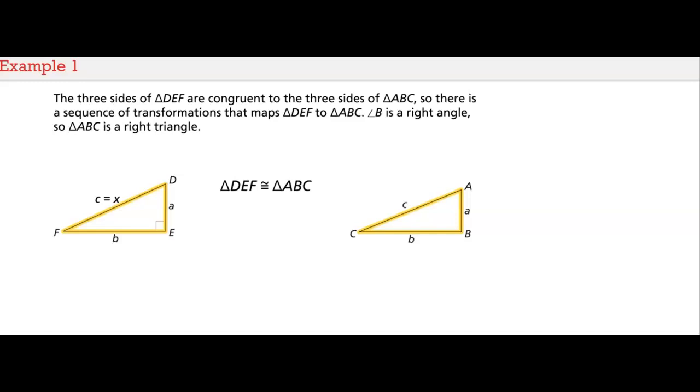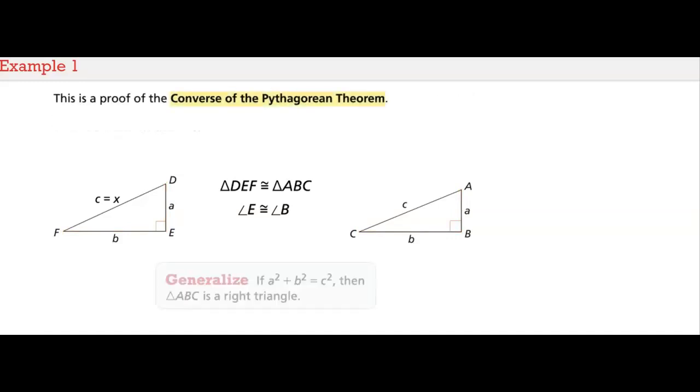The triangles are congruent. Therefore, angle E must be congruent to angle B. Angle B is a right angle, so triangle ABC is a right triangle. This is a proof of the converse of the Pythagorean theorem. If A squared plus B squared equals C squared, then triangle ABC is a right triangle.